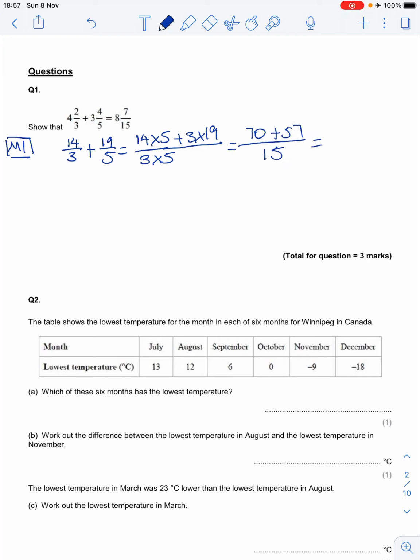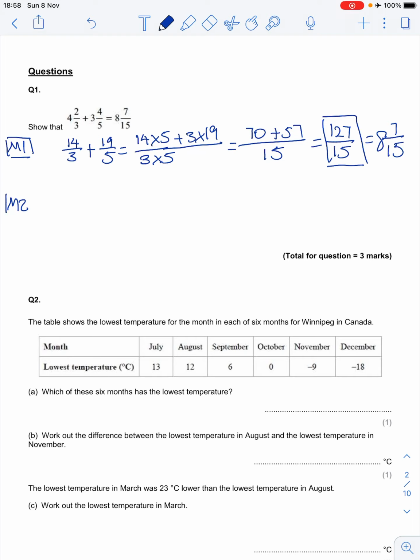And we must show that this is equal to 127 over 15. A lot of you have missed the mark because you haven't shown it equals 127 over 15. And this is equal to 8 and 7 over 15.